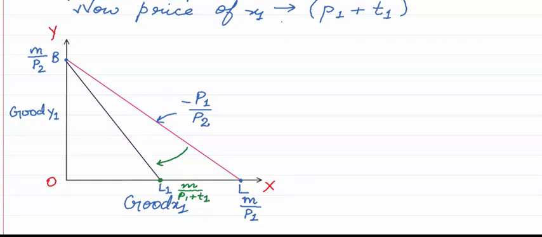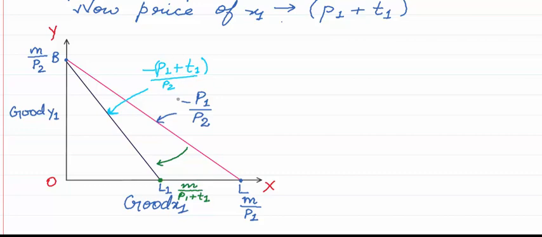Now let's see what will be the effect on the slope of BL1 line. So the slope of the budget line BL1 will change from minus P1 by P2 to minus P1 plus T1 by P2. This is because the price of X1 commodity has changed from P1 to P1 plus T1.